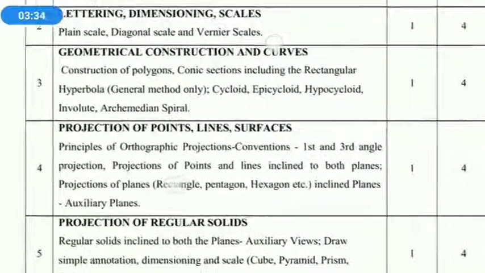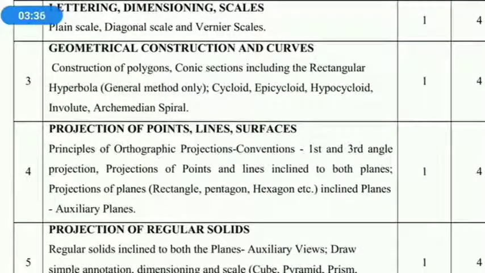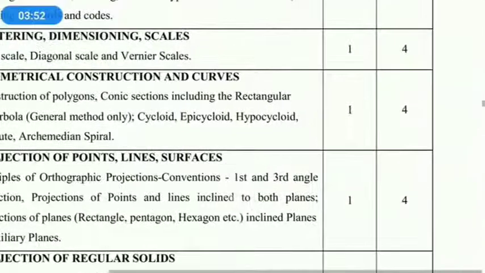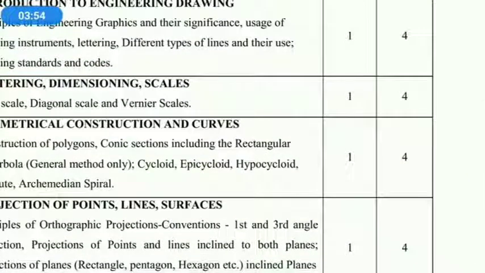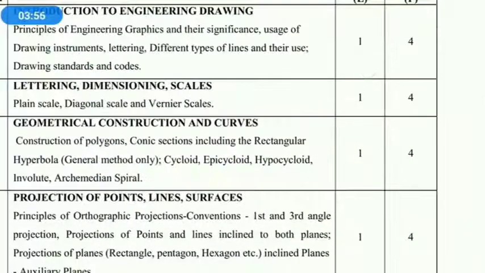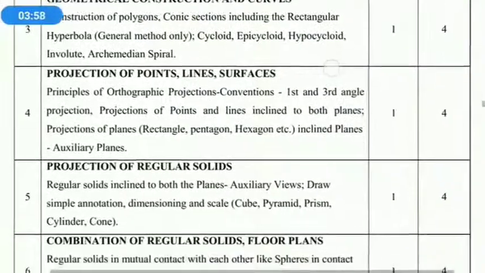In module 3 we have geometrical construction and curves. Under this we have to draw polygons, conic sections including the rectangular hyperbola, cycloid, epicycloid, hypocycloid, involute, and Archimedean spiral. It also has 1 lecture and 4 practical periods.